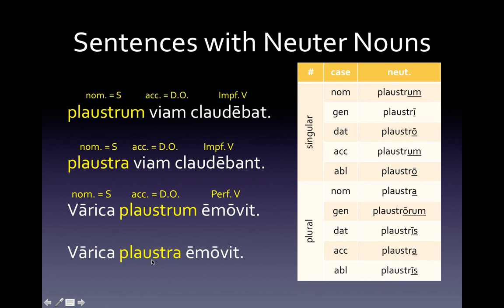And then you say, oh, it looks like plaustrum in the flashcards, so it must be a neuter noun. Therefore, this A is either nominative plural or accusative plural. Varica can only be one thing. It can only be nominative singular, which matches our verb, amovit, which is singular. So that forces Varica to be the subject, plaustra to be the direct object, amovit is our verb.